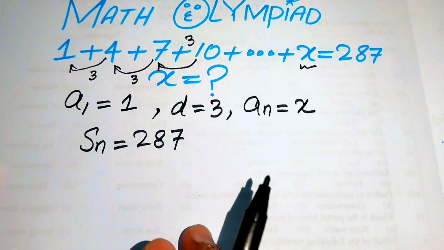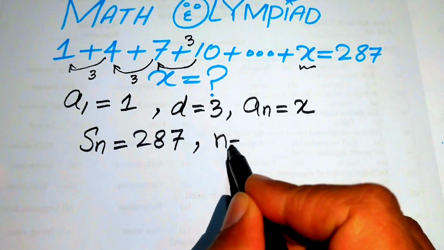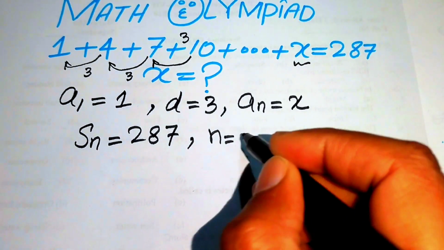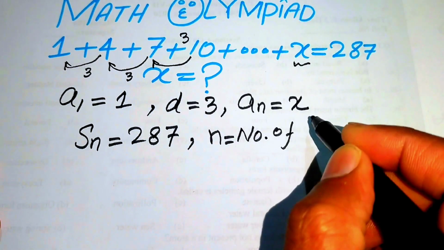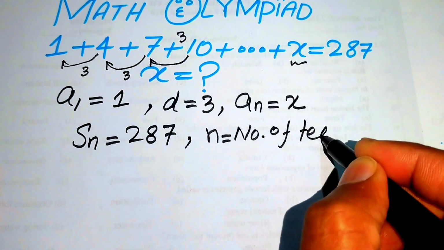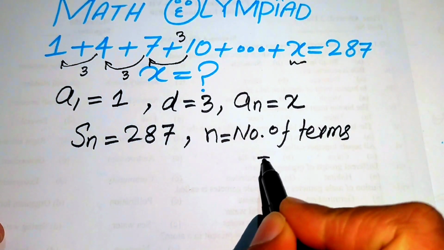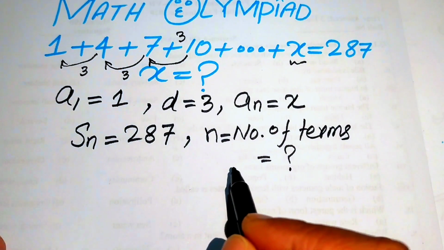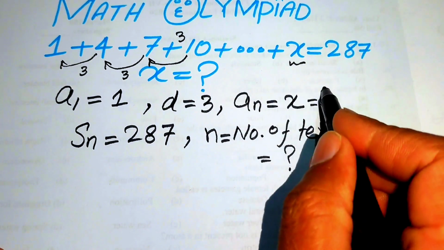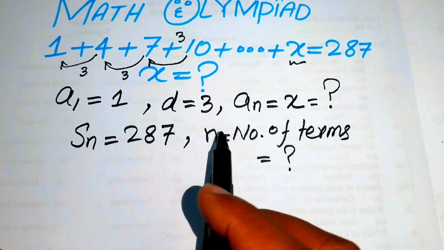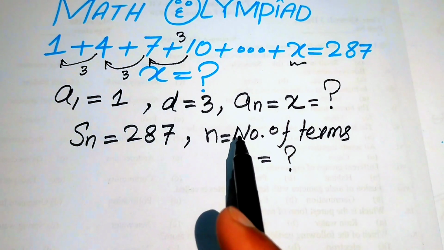So here we need one more thing, n, which is called the number of terms in the above series. So here we find the number of terms. We cannot give the value of n, and we find the number of terms, and we find the nth term of this series. So these are our targets.